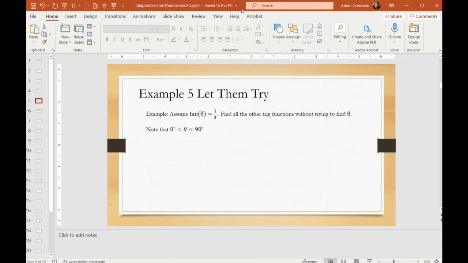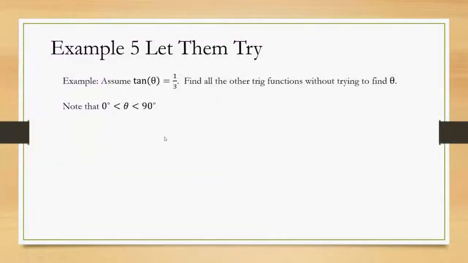So here we have tangent of theta is a third. We do know that theta is acute, meaning it's between 0 and 90 degrees. We want to figure out what the other trig functions at theta are.